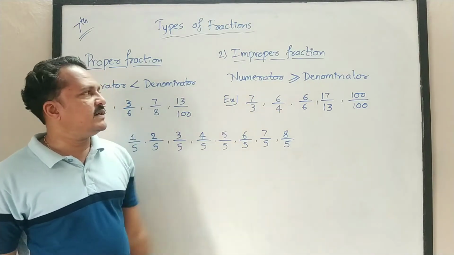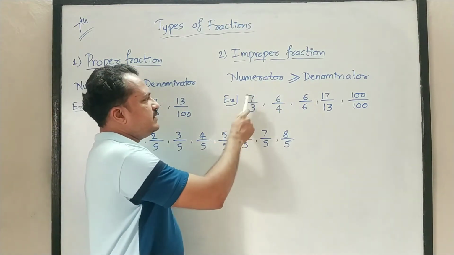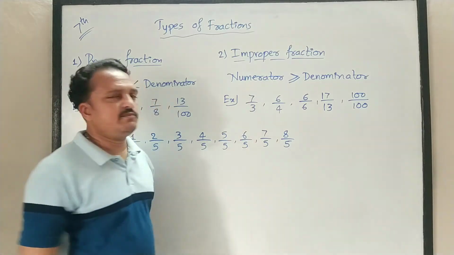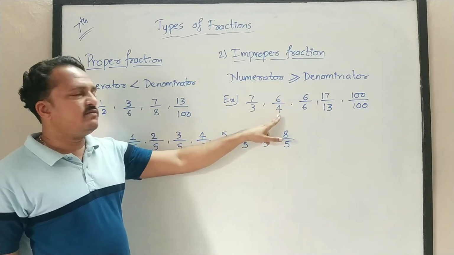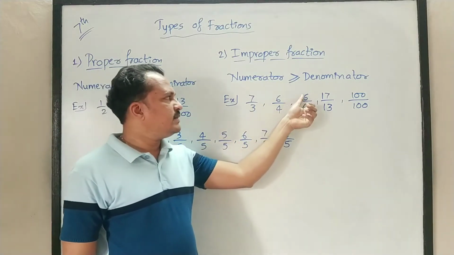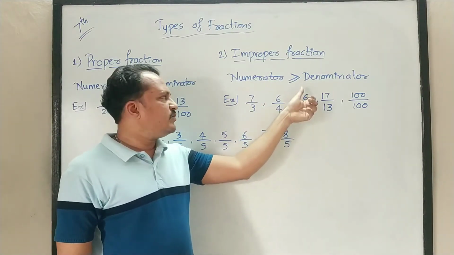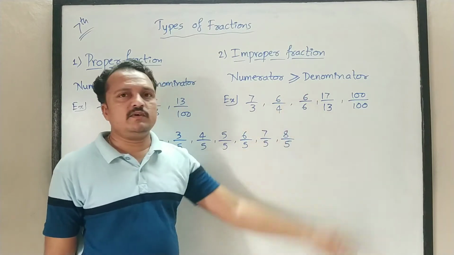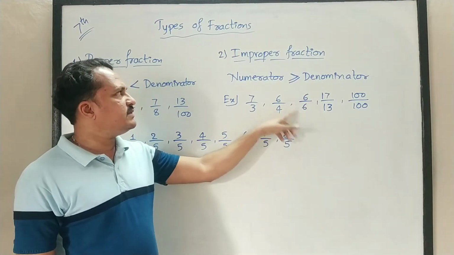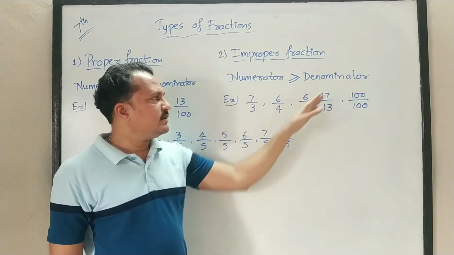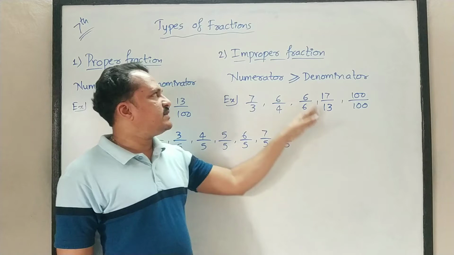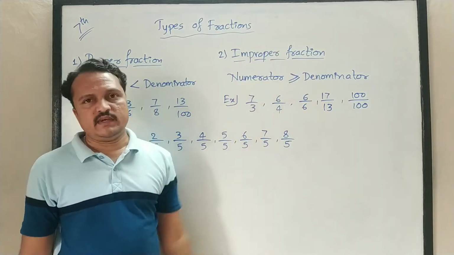Then how to understand this one? 7 by 3, the numerator is greater, the denominator is smaller, so we will consider this one as improper. Here also 6 by 4 is the same. Here 6 by 6, both numerator and denominator are equal to each other. So in this case, the second condition, numerator is equal to denominator. So these fractions are all improper fractions.